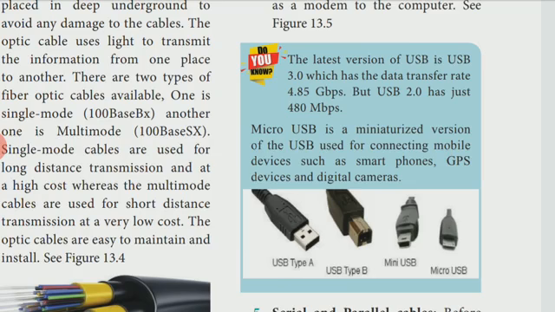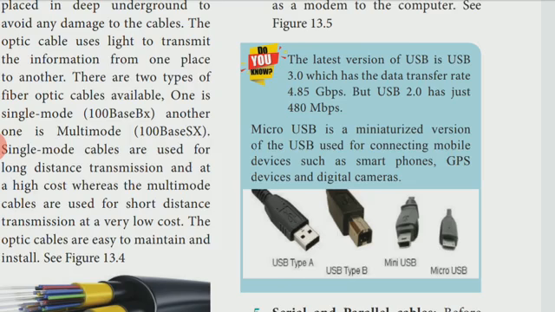It will transfer 4.85 gigabits, faster than fiber optic cable, coaxial cable and twisted pair cables. USB 2.0 transfers the data at only 480 MBs. So 3.0 is very fast.